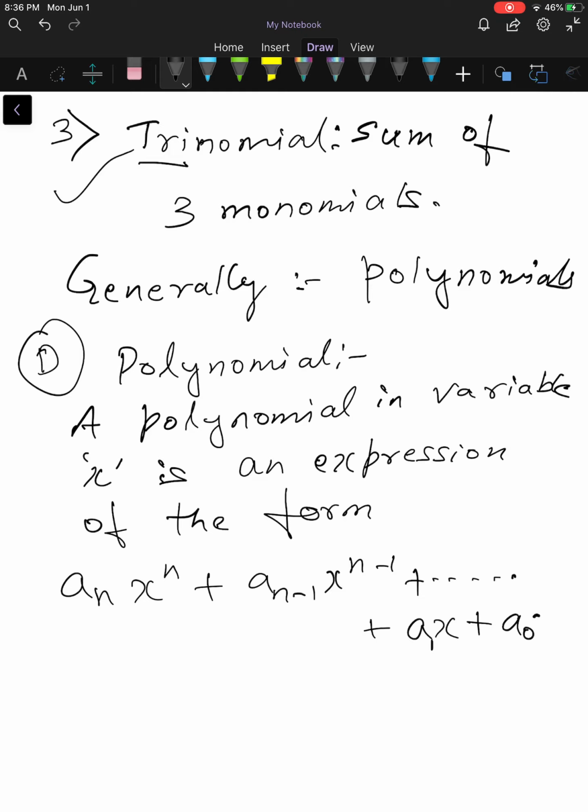You have an x term here, but that is of the form x to the power of 0, and that is 1. You need not write 1.